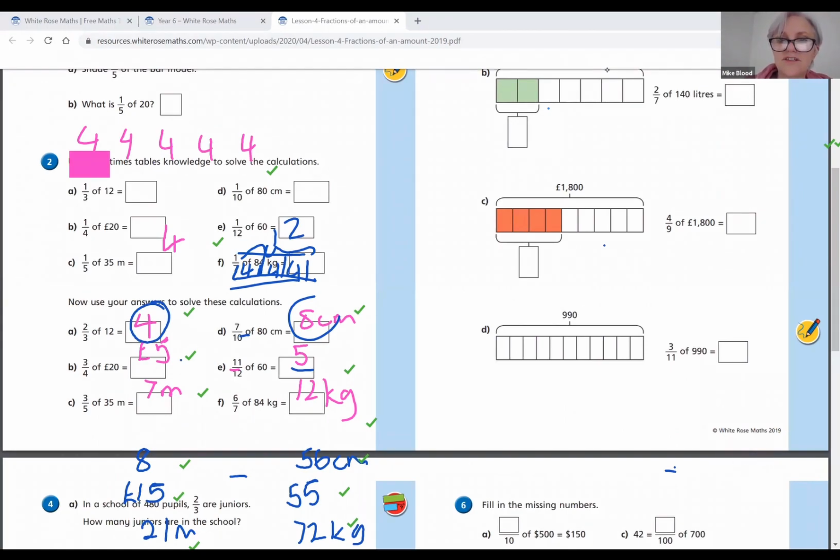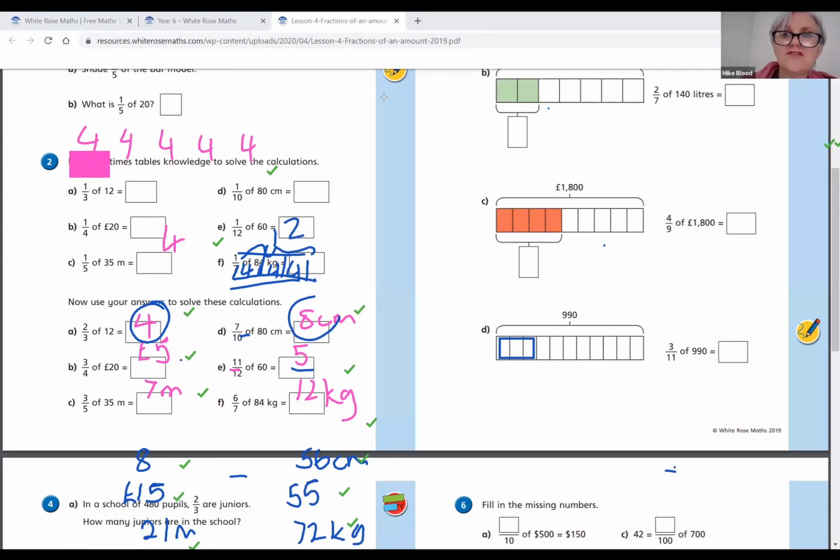So we've got 990 and we want 3/11ths. So we want 3 of those, and there are 11 of them, and it's 990.